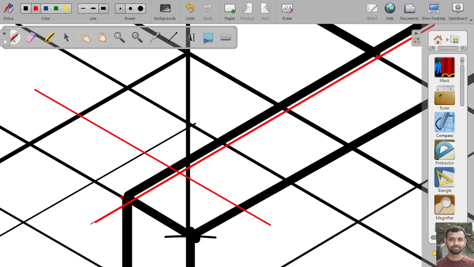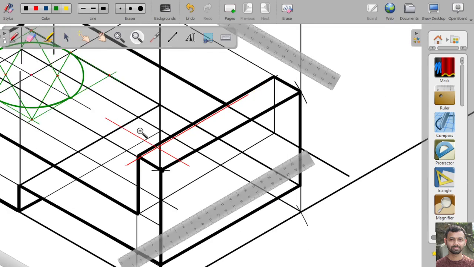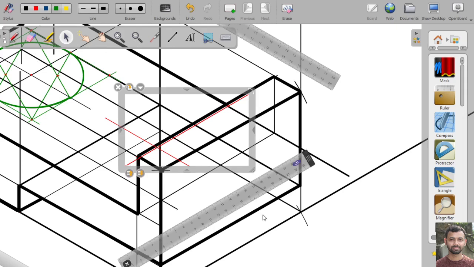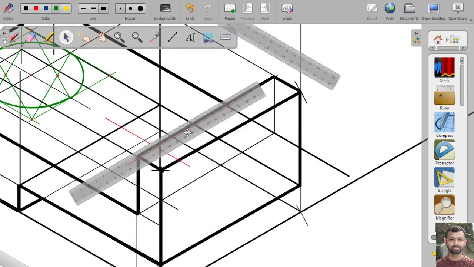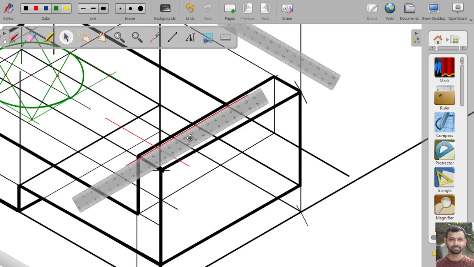The method is we will draw a 50 mm line on this side, 50 mm line on this side. Okay, so we can extend the line.